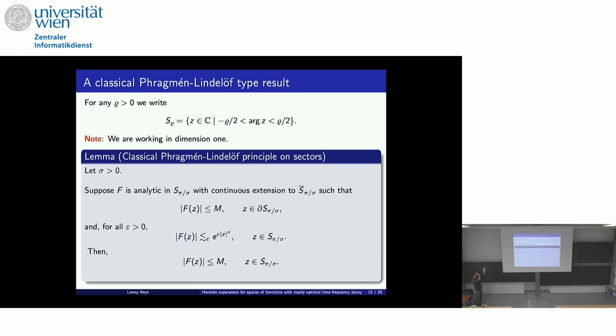Okay, note first of all, we're working in dimension 1 here, but if you have an angle and you have a parameter sigma, then if you have an analytic function on this sector with angle pi over sigma, with continuous extension to its border, and moreover on the border you have boundedness, and you have this boundedness in the sector with respect to sigma, for every epsilon here, then we know it's actually bounded on the whole sector.